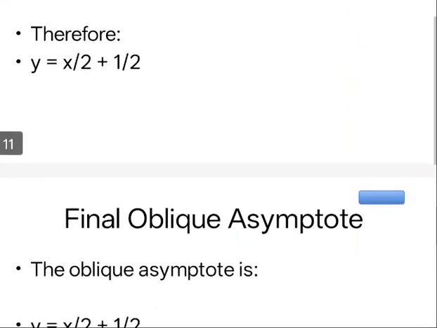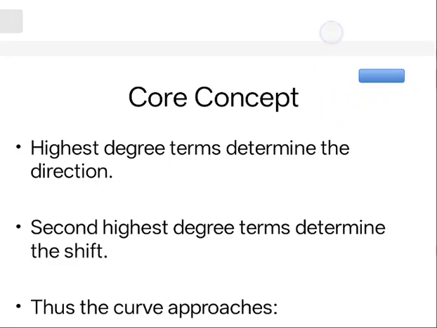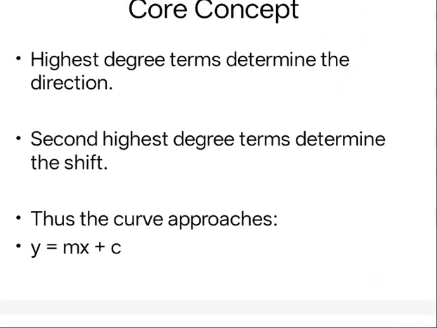Therefore, whatever this core concept is, the highest degree term determines the direction, the shift. See here, the second highest degree terms we are also going to find out. The curve behavior.